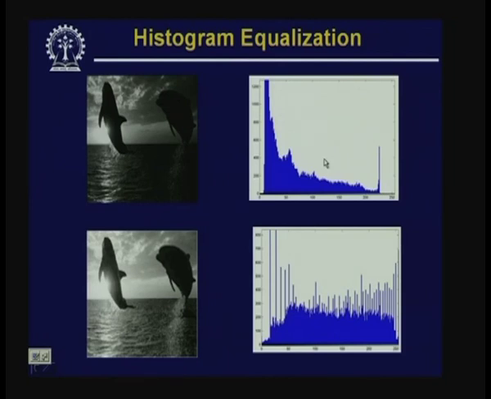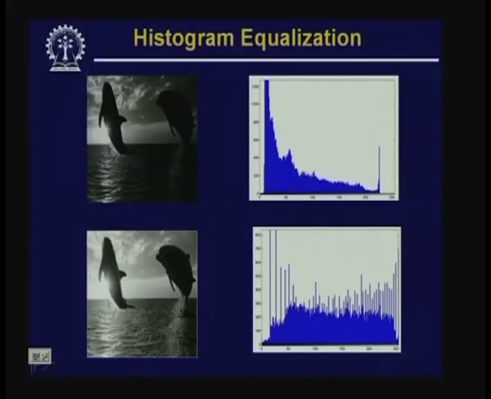Once we do histogram equalization, what we get is an equalized image, the processed image, and on the bottom row you find a brighter image, which is the histogram equalized image, and on the right hand side we have the corresponding histogram.